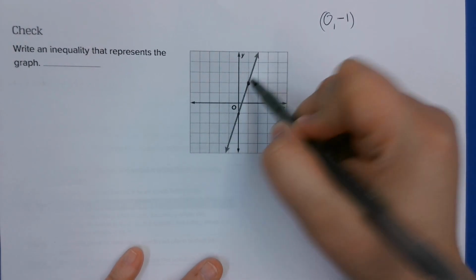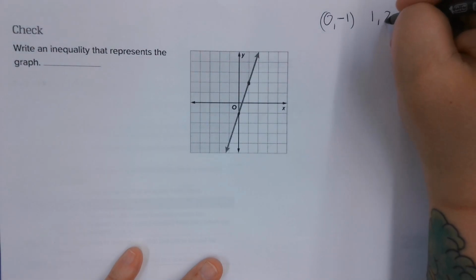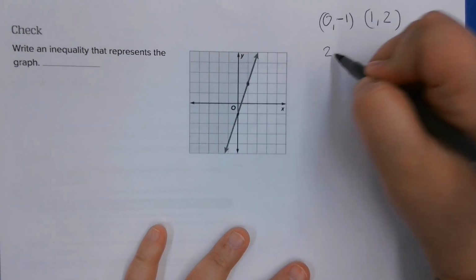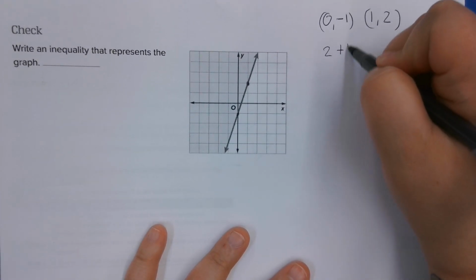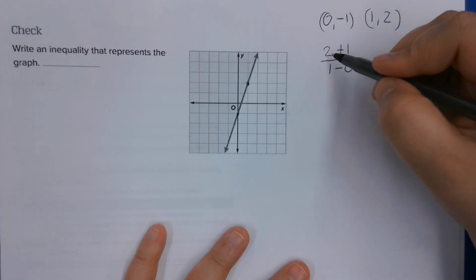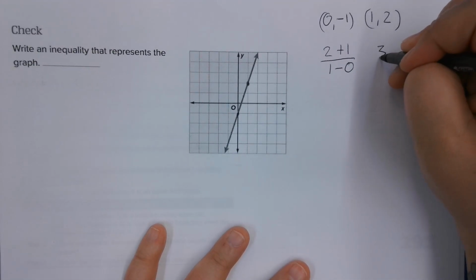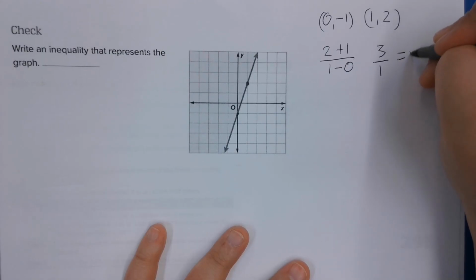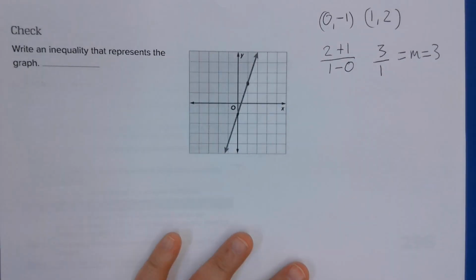That is 1, 2. I'm now going to use that, and I'm going to find my slope. So I've got 2 minus negative 1 over 1 minus 0. 2 plus 1 is 3 over 1, which gives me m equals 3.